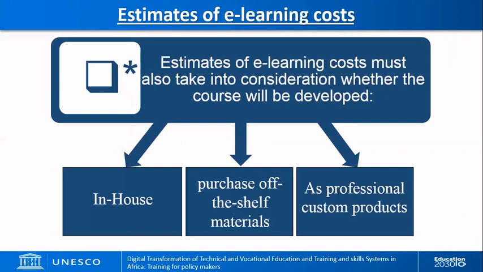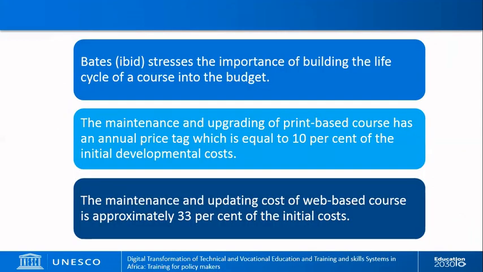Estimates of e-learning costs must also take into consideration whether the course will be developed in-house, purchased as off-the-shelf materials, or as professional custom products. Bates stressed the importance of building the life cycle of a course into the project.